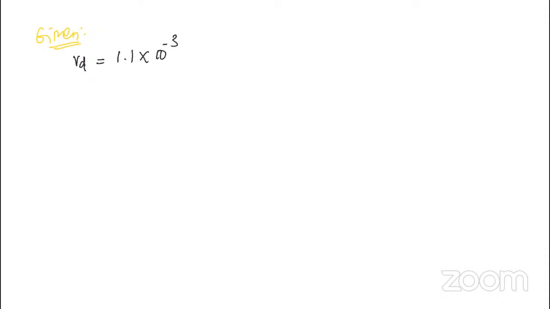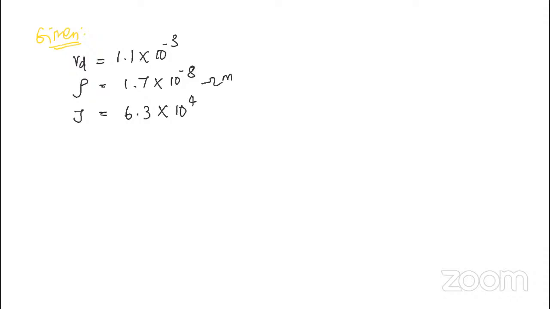Then rho is equal to 1.7 into 10 power of minus 8 ohm meter. And J value is equal to 6.3 into 10 power of 4. So this information they are given. So we have to calculate the mu value, right?